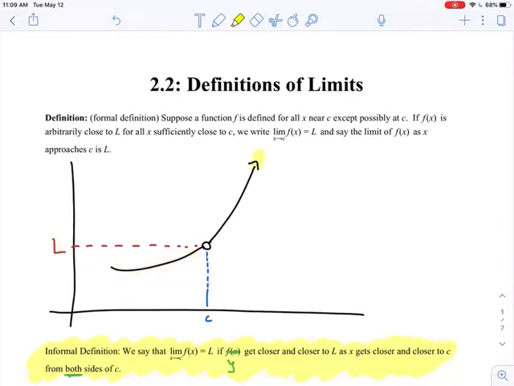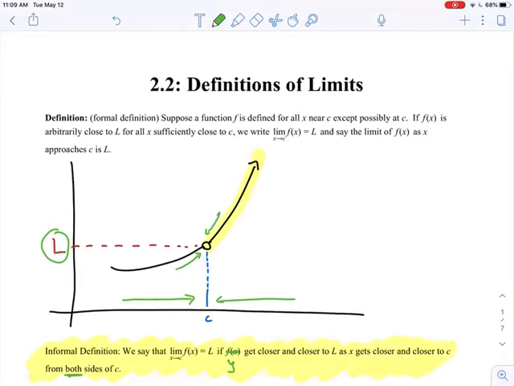So as I approach from the right-hand side over here, as I trace my function and get closer and closer, visualize your function getting closer and closer from this side and getting closer and closer to this side. As we get closer and closer on both sides, what y value? Well, in this case, we're getting closer and closer to L here, which means that L is our limit.